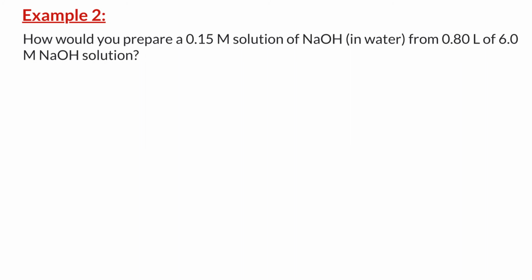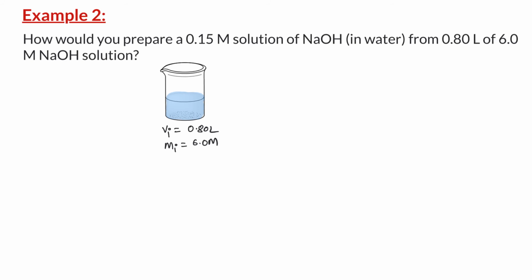How would you prepare a 0.15 molar solution of sodium hydroxide from 0.80 liters of 6.0 molar NaOH solution? The solutions are made in water as the solvent. Here we are starting with 0.80 liters and 6.0 molar, which are initial volume and initial molarity of the solution.